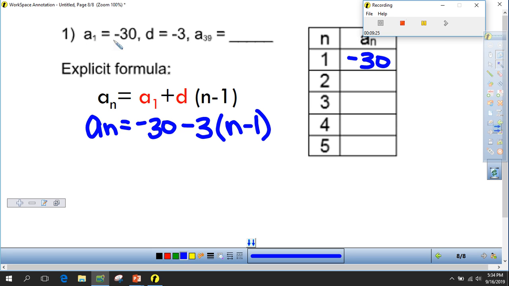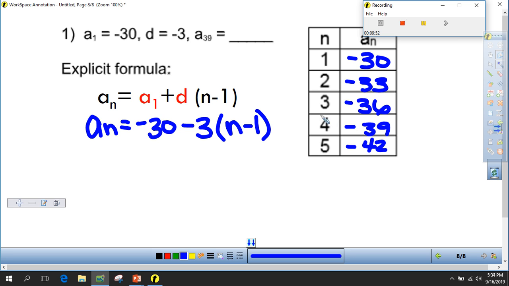Your first term right here should always be the same number right here. Now, if I hit 2, enter, negative 33, all they did was take this negative 30 and subtract 3. My third term, 3, enter, is negative 36, negative 39, minus 3 is negative 42.